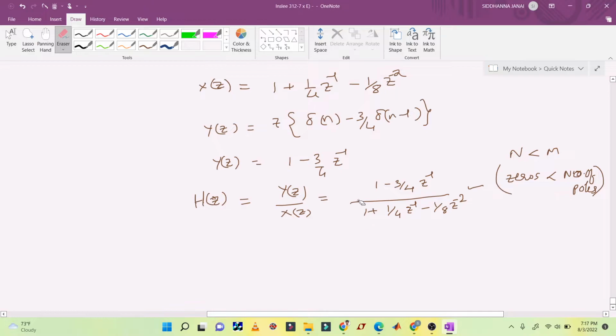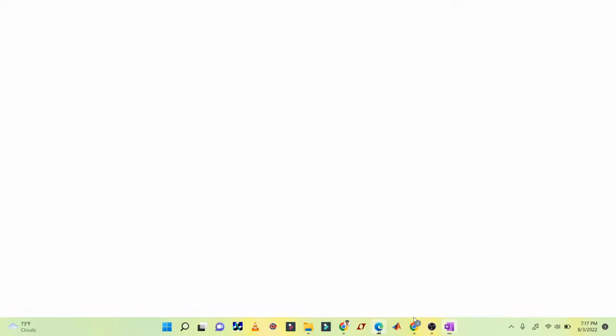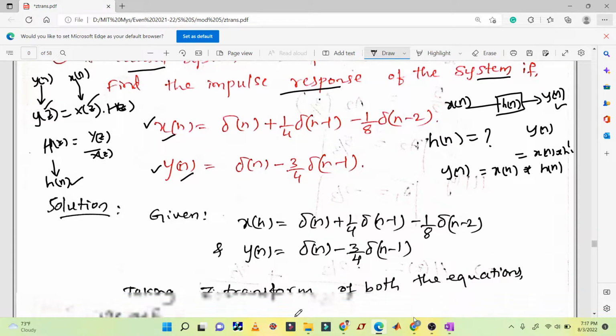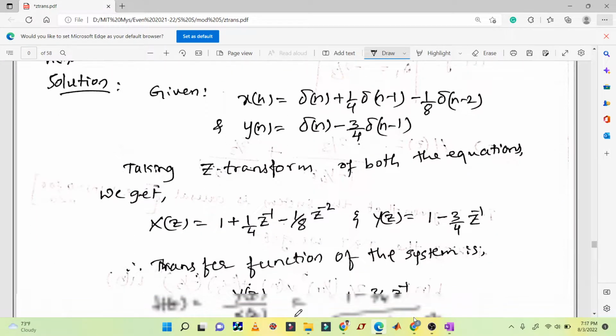We need to find the roots of this one first. So let us do that. If you find the roots, what you will get is 1 by 2 and 1 by 4.